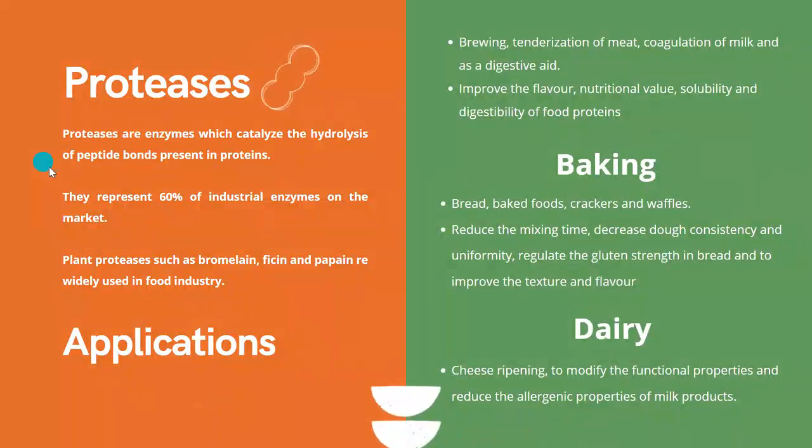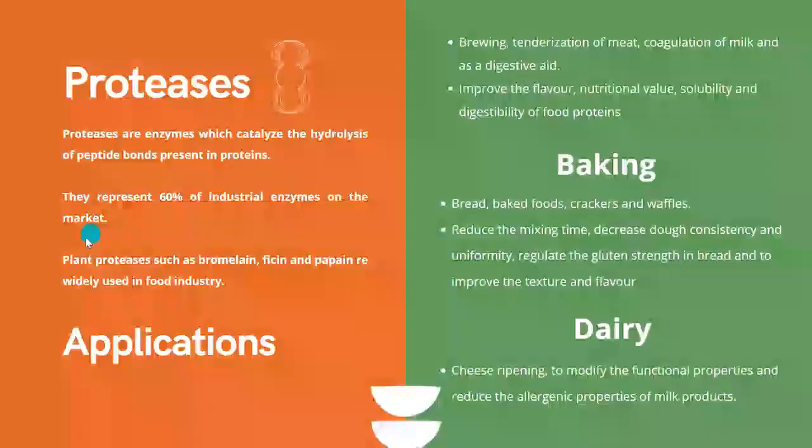So they further break down these peptides into simple proteins, smaller chains, and they represent 60% of the industrial enzymes in the market. So guys, you can imagine the amount of application. They are widely used in the food industry. In the market, 60% of enzymes that are used in food are protease enzymes.